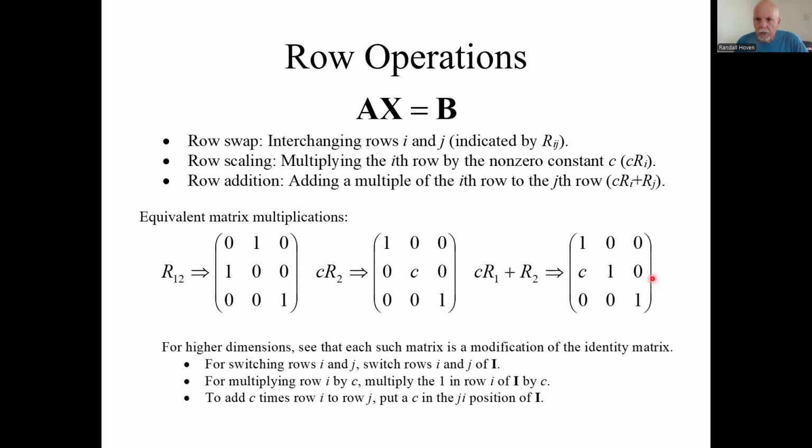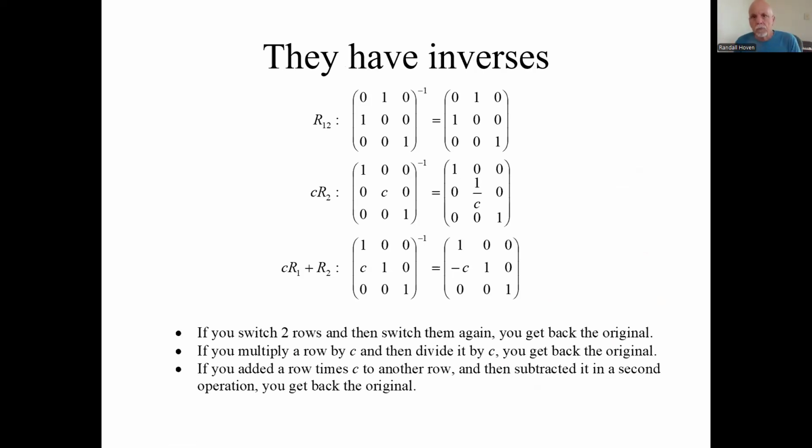And this matrix multiplication, to an A on the right, would change the second row by adding c times the top row to it. You could come up with whatever the matrices are for higher dimensions if it's more than 3 by 3. They're all some modification of the identity matrix. That's kind of neat. A row operation can be carried out by a matrix multiplier.